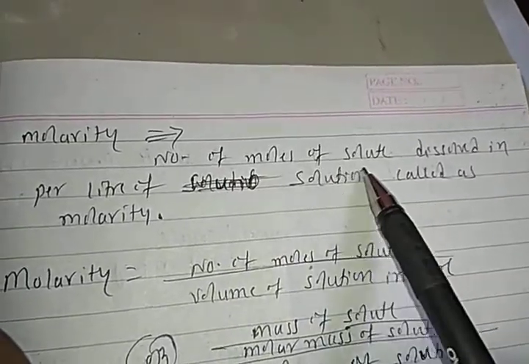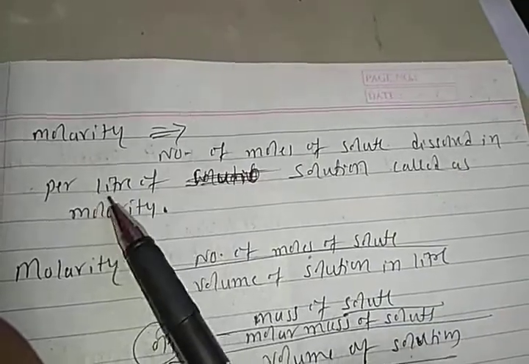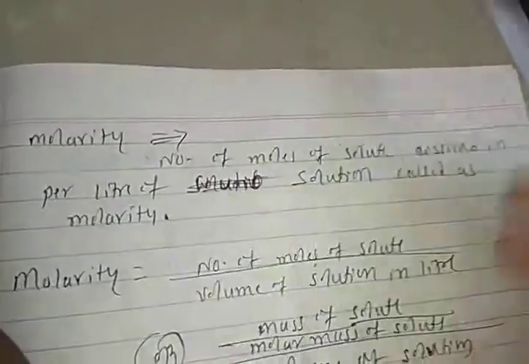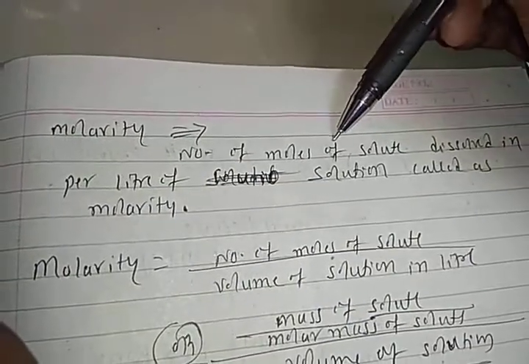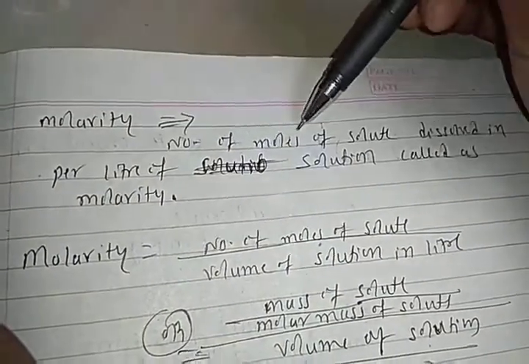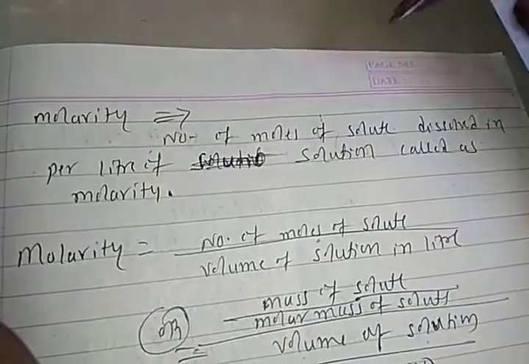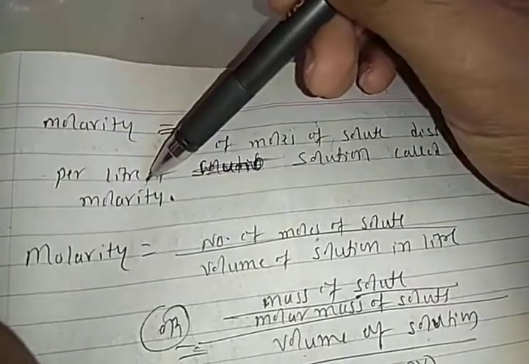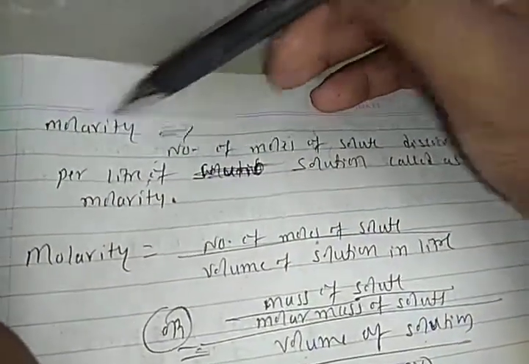The number of moles of solute dissolved per liter of solution is called molarity. Moles of solute calculated in terms of liter is called molarity.